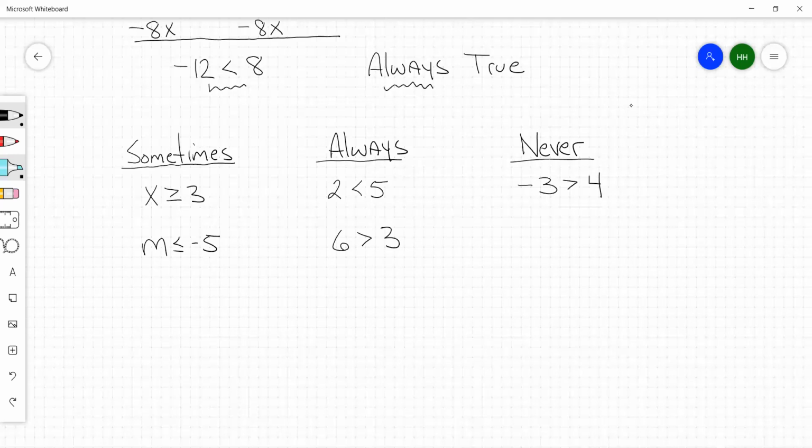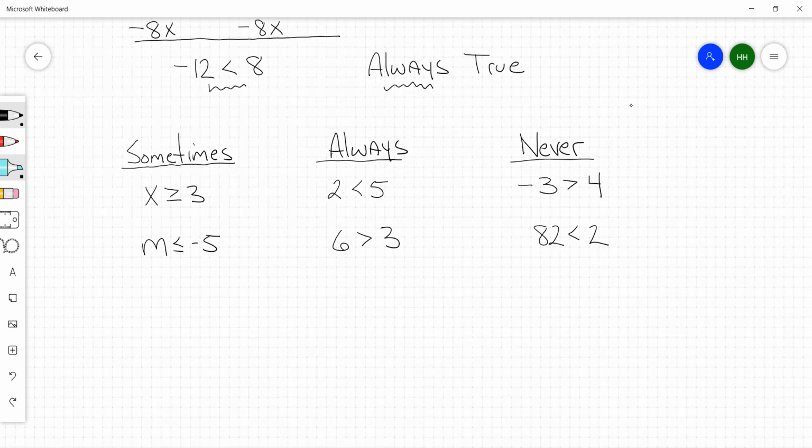How about another example of never? Never true. Say again. 82 being less than 2. Never true, is it? Okay. All right, so any questions on that?